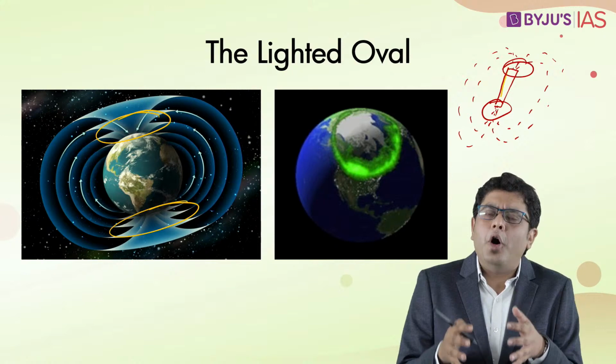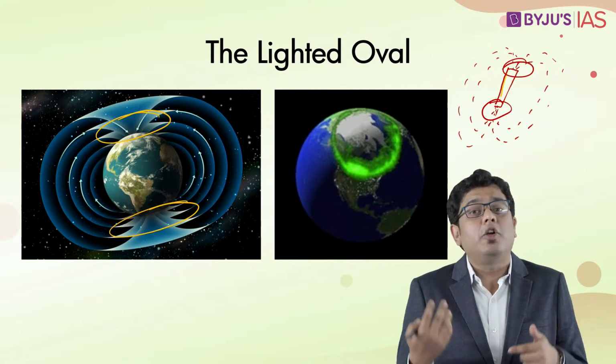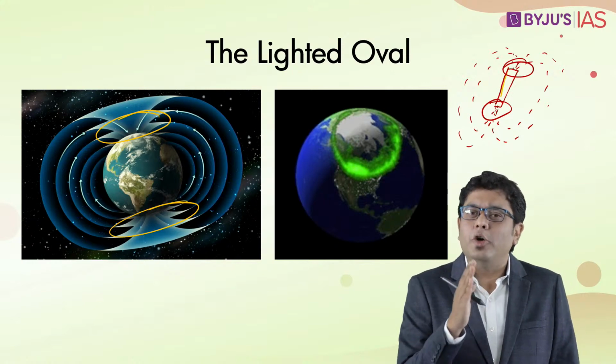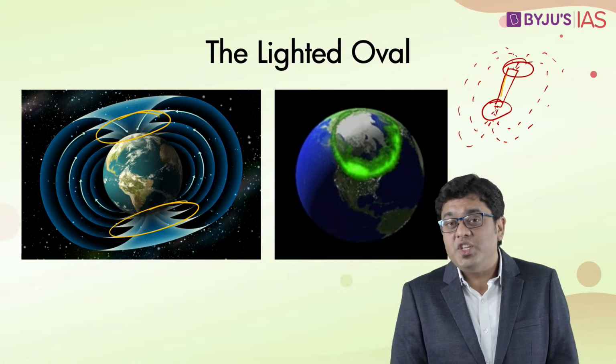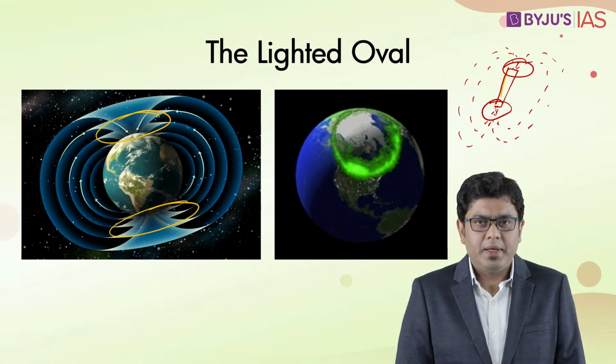So depending upon how this blob of liquid moves in the interior of the Earth, the polarity, along with the north and the south poles, keeps on changing in the case of Earth's magnetic polarity.